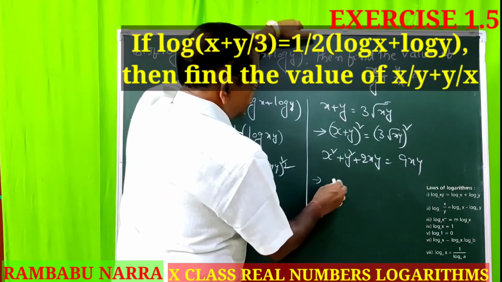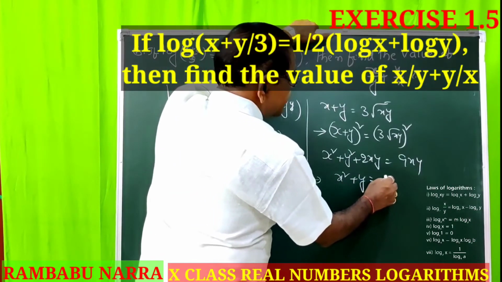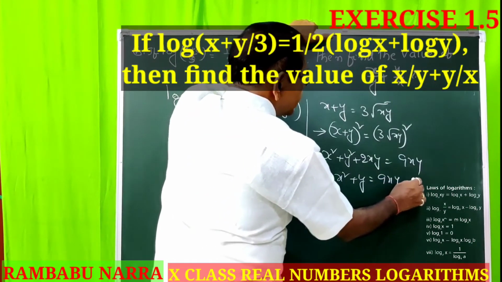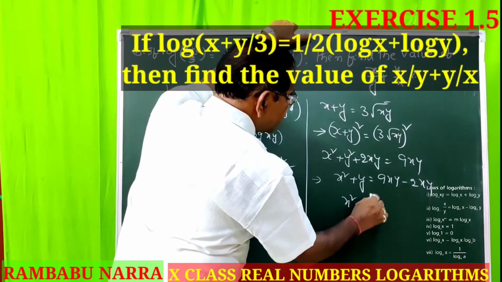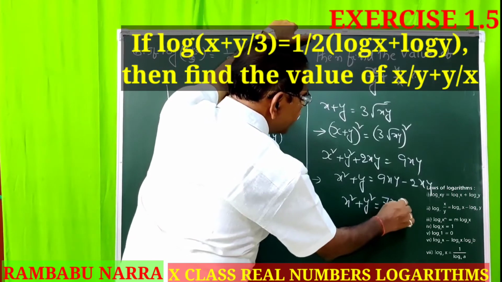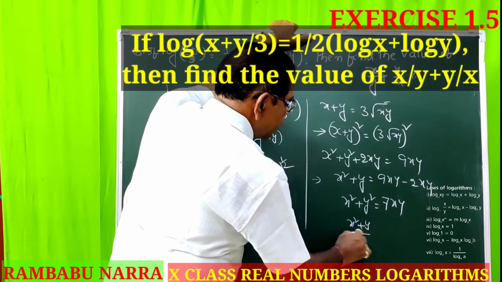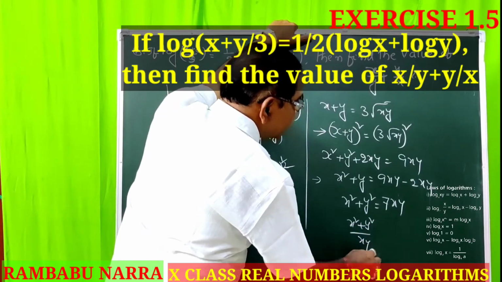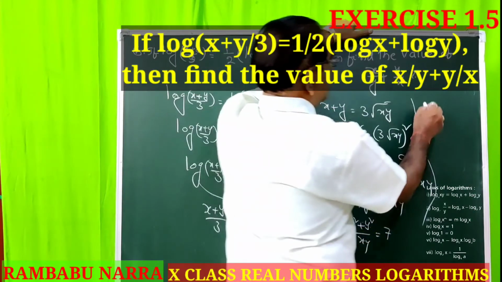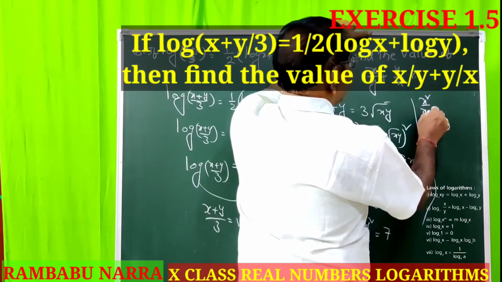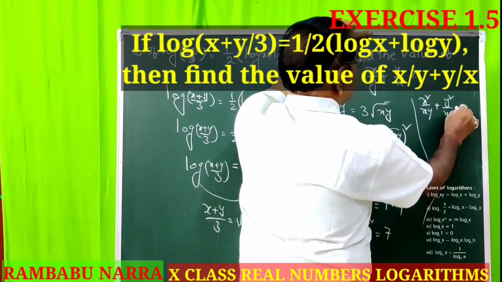We have x square plus y square plus 2xy equal to 9xy. Next, we can write x square plus y square equal to 9xy minus 2xy, so x square plus y square equal to 7xy. Dividing by xy, (x square plus y square) by xy equal to 7, which is x square by xy plus y square by xy equal to 7.